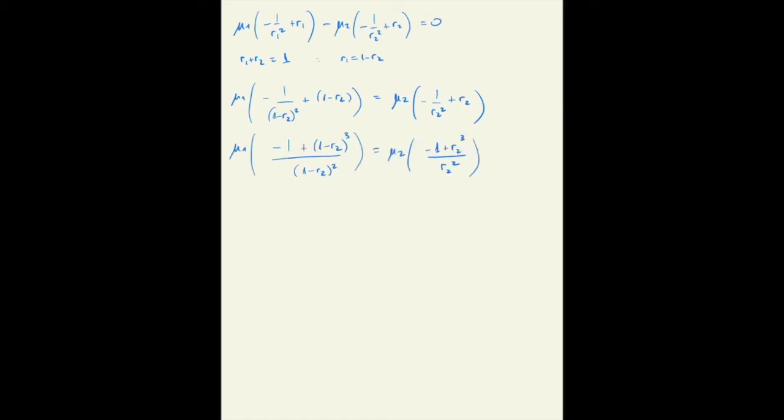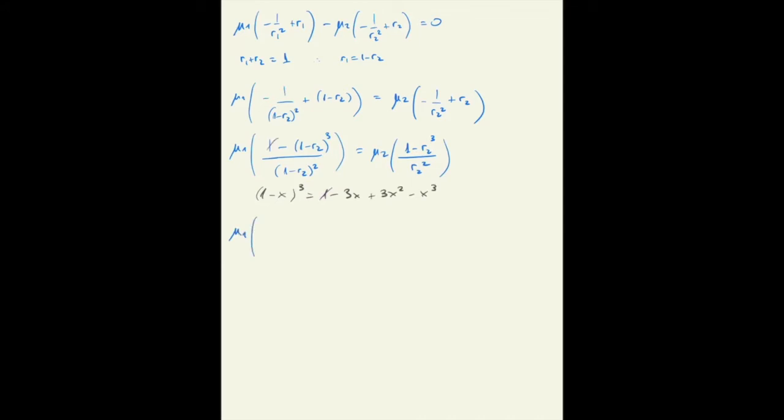Now let's multiply both sides by minus 1, and expand this cube, (1 minus R2) cubed, remembering that (1 minus x) cubed is 1 minus 3x plus 3x squared minus x cubed. So I have that the 1 will cancel with this one, and this equation is mu1 times (3R2 minus 3R2 squared plus R2 cubed) over (1 minus R2) squared is equal to mu2 times (1 minus R2) cubed over R2 squared.